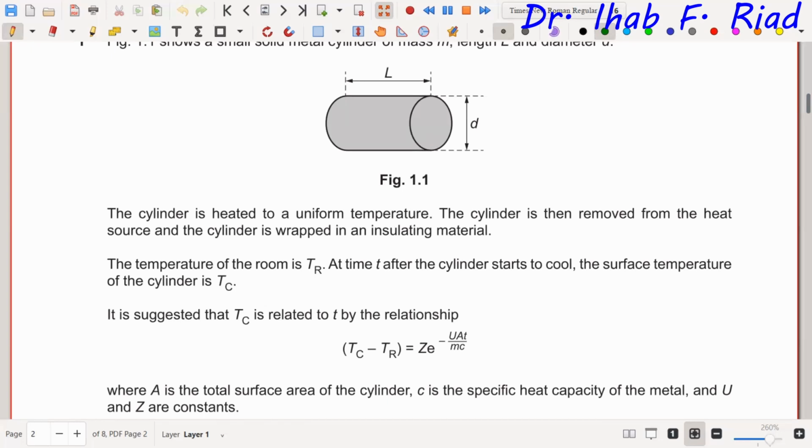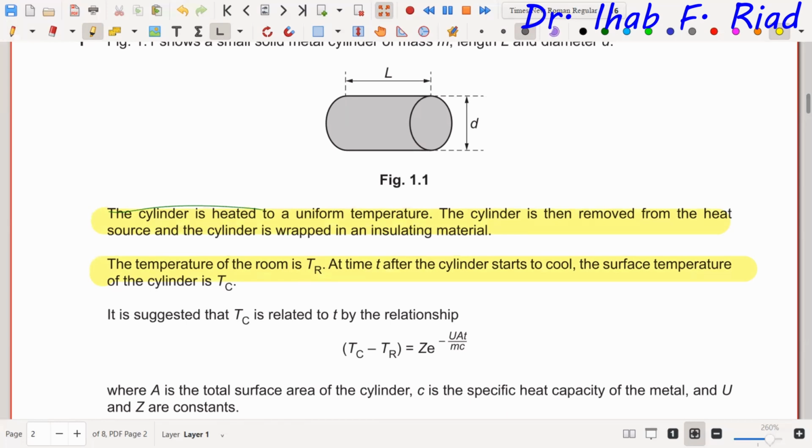So try to read this again. Can you read them? The cylinder is heated to a uniform temperature.